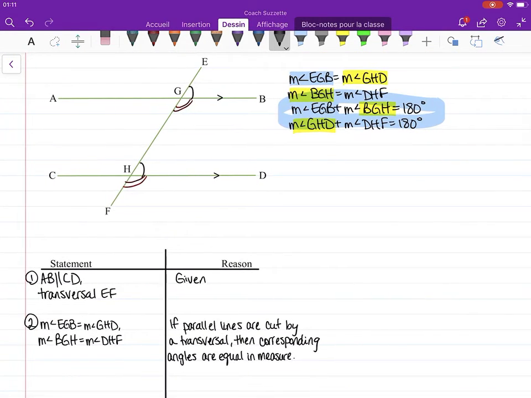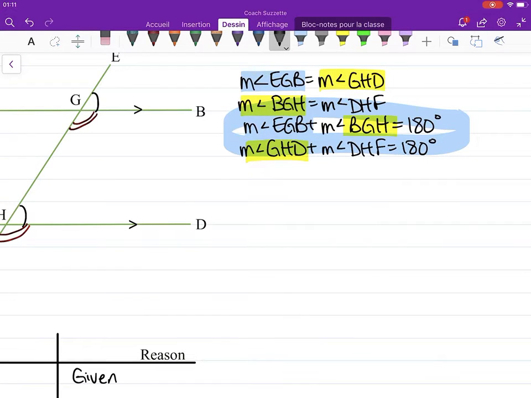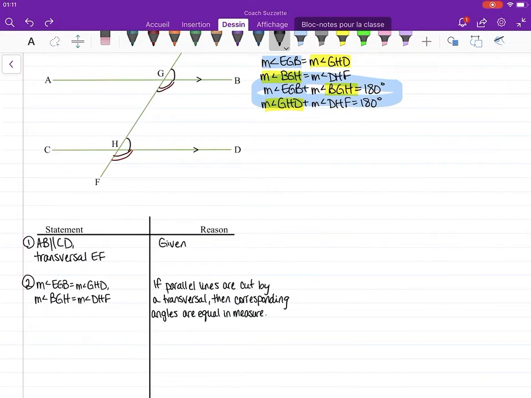Okay. And then what did we do? We came up with these because those are linear pairs. So let's write that down.